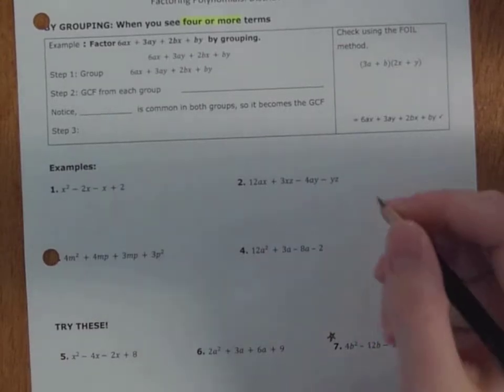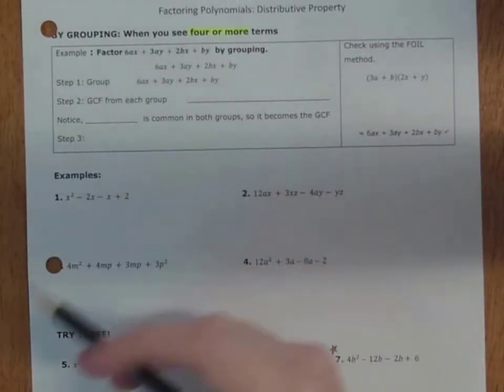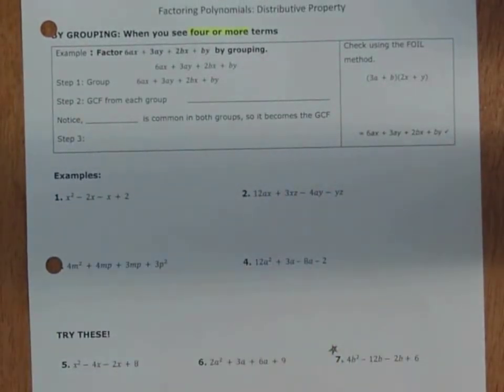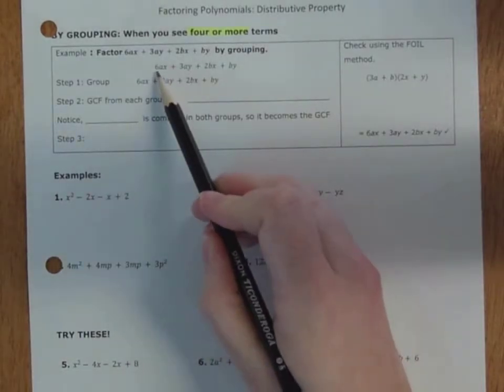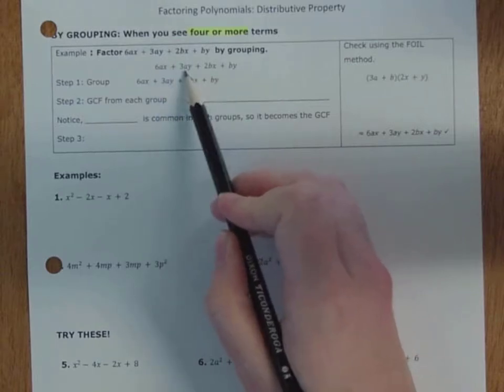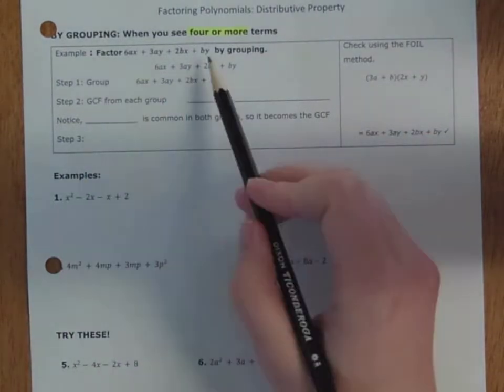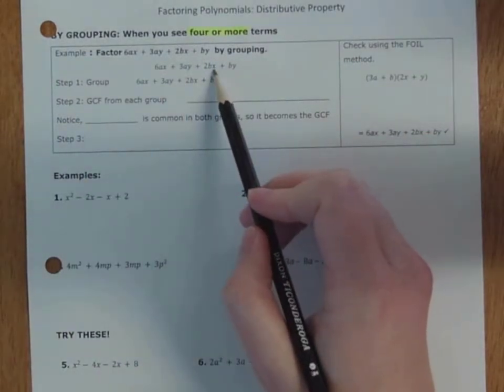So when we factor by grouping, we usually will see 4 terms and we ask ourselves, hey, did these 4 terms have a common factor? Well, if I look at this example, 6ax plus 3ay, hey, it looks promising. Both of these have an a, and they're both divisible by 3. Uh-oh, 2bx.